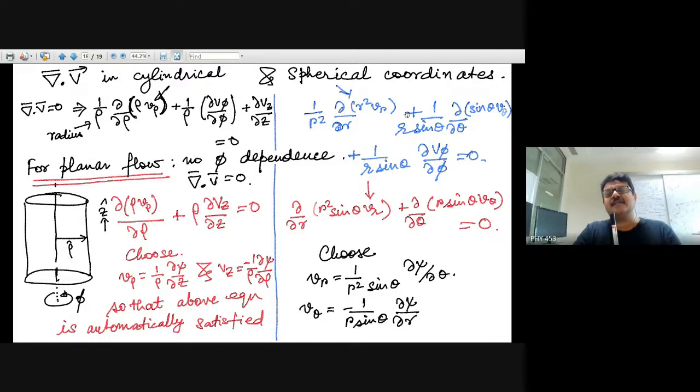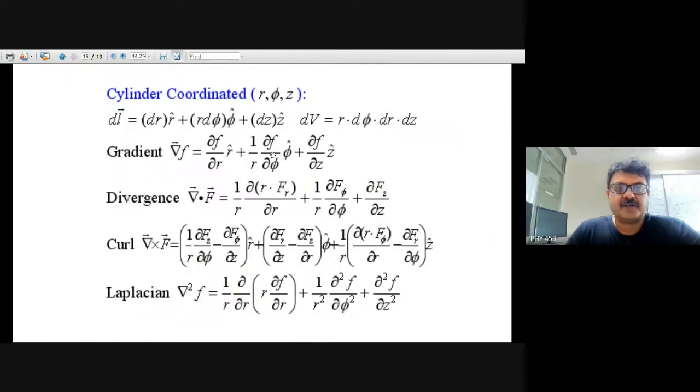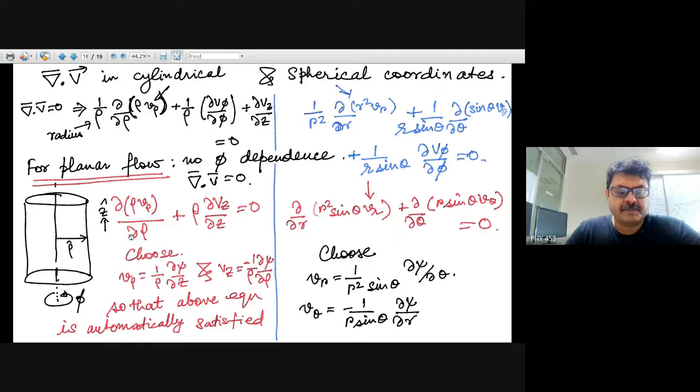And you can think similarly in terms of spherical coordinates, right? So when there is planar flow, there's no phi dependence and divergence v equal to 0, which means incompressible flow, then this divergence of v, you can look it up, becomes something like this, right? And if there's no phi dependence for spherical coordinates, it's just r theta flow again, then it will look like this.